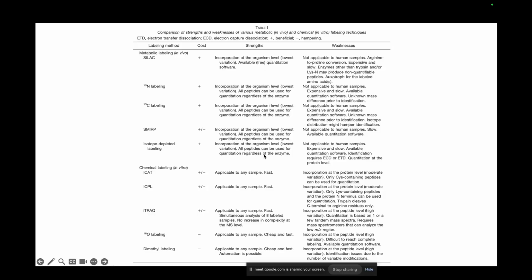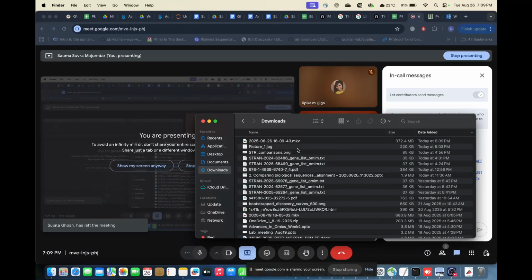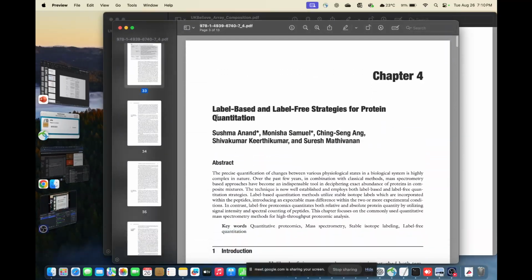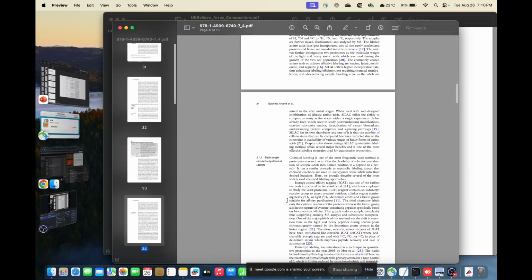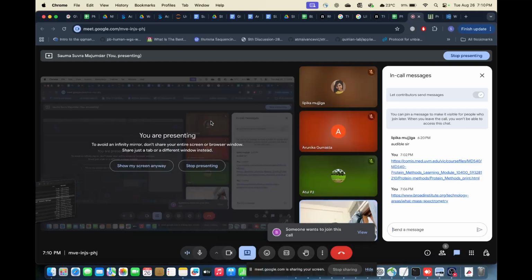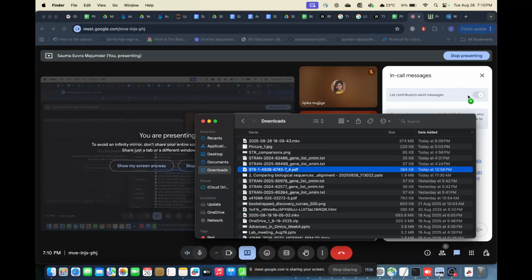I think I have this paper downloaded somewhere. One second. I think this is the paper. I don't think this is available freely, and I don't think Google Meet supports PDF, does it?